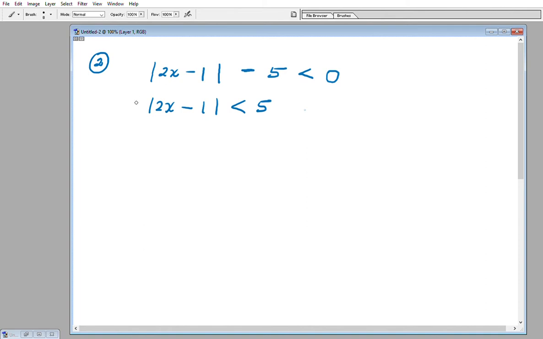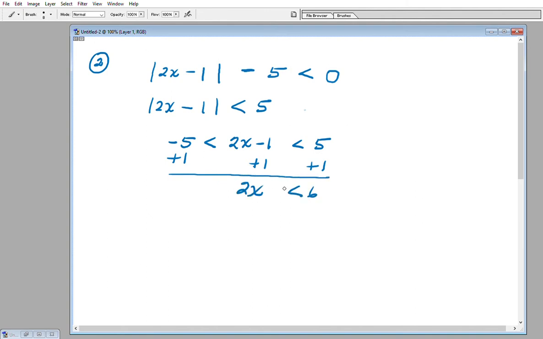Okay, so we want to isolate the absolute value and then put the 2x minus 1 in the middle. Put 5 on the right, minus 5 on the left. Okay, then add 1. All right, 2x. So here we have 6. And here we have minus 4.